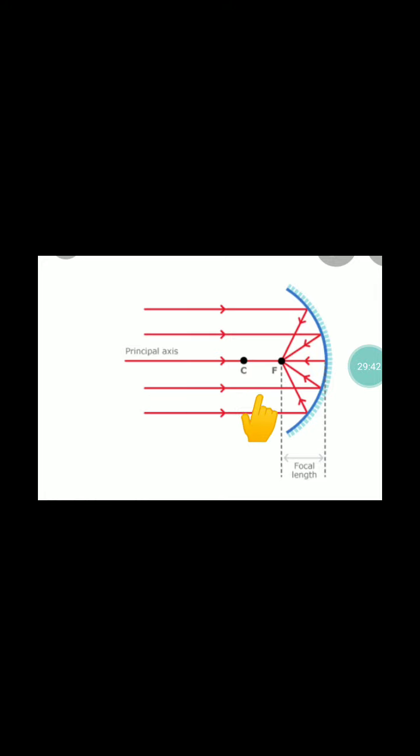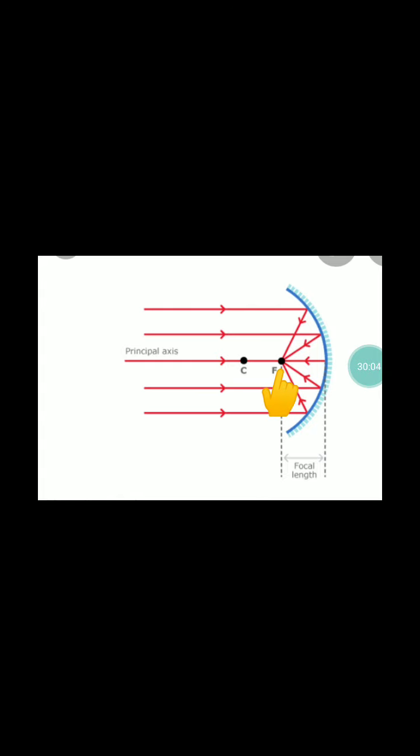That point is called focus. Once again, this ray parallel to the principal axis after reflection meets at this point on the principal axis, and this point is called the focus of a concave mirror. Clear? And it is represented by the capital letter F.